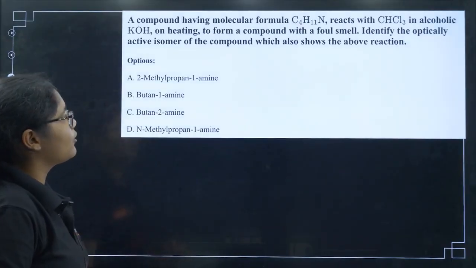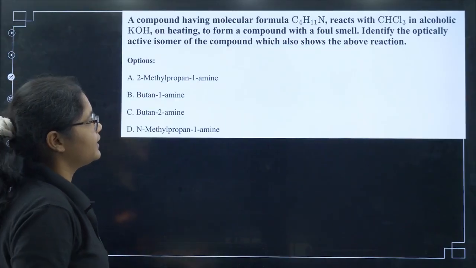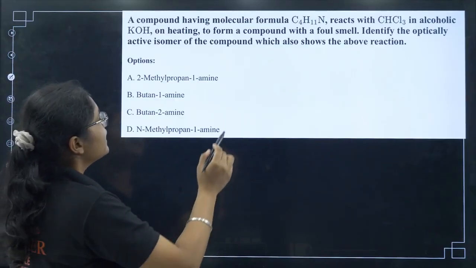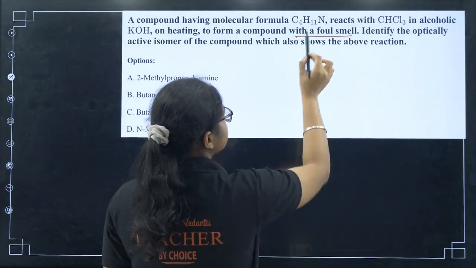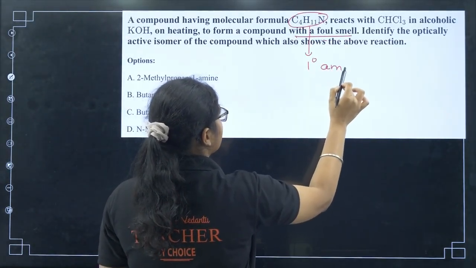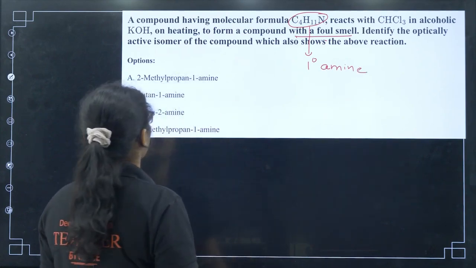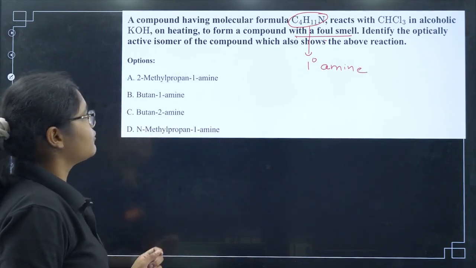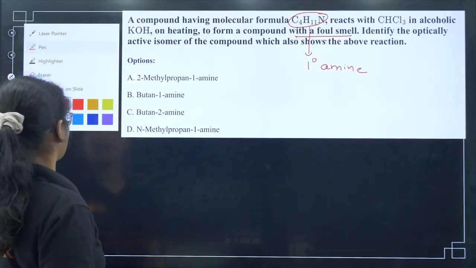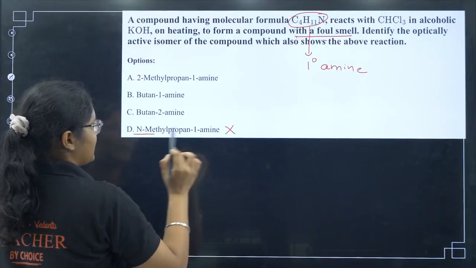Next, a compound having molecular formula C4H11N reacts with CHCl3 in alcoholic KOH on heating to form a compound with a foul smell. That means it is the isocyanide test, so this is a primary amine. Next, identify the optically active isomer of the compound which also shows the above reaction. I have to find a primary amine, so this secondary amine I can eliminate.